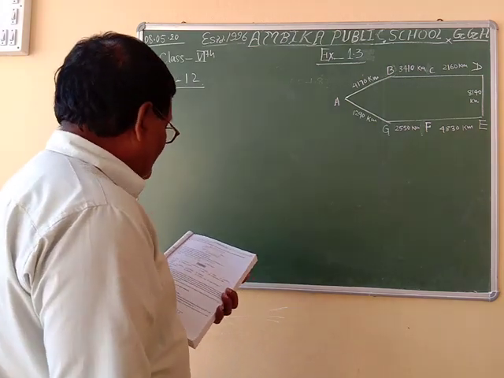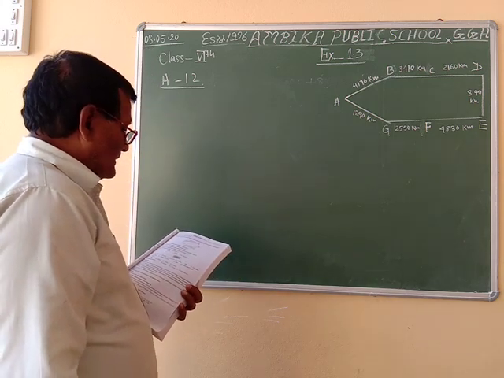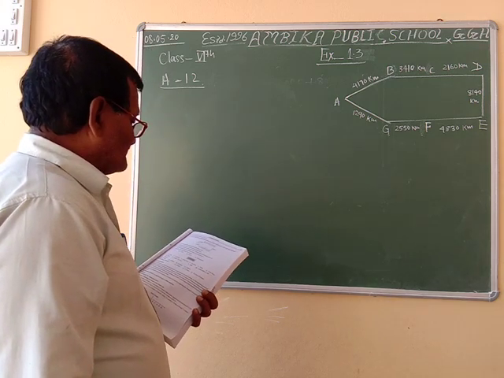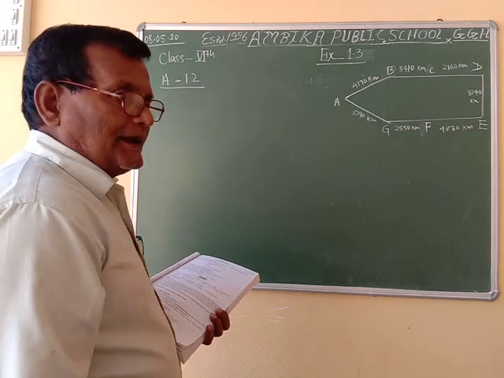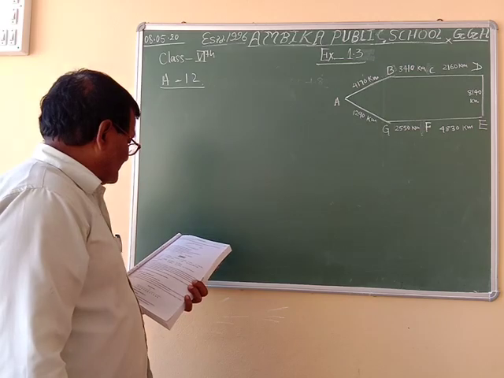We have to find the distance from A to D. The speed of the bus is given, 60 km per hour.